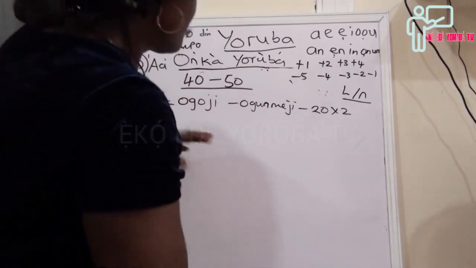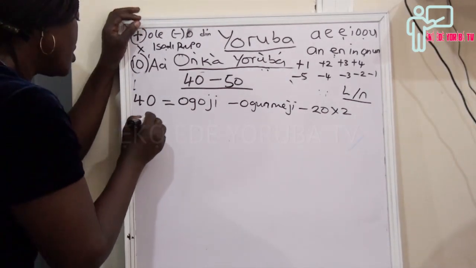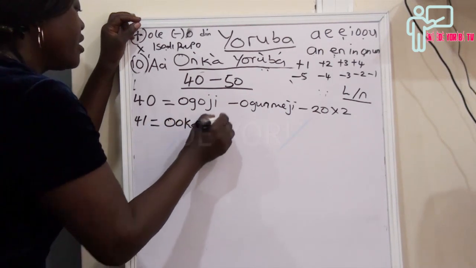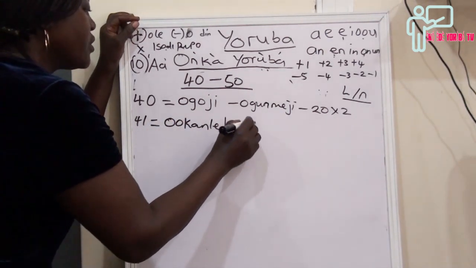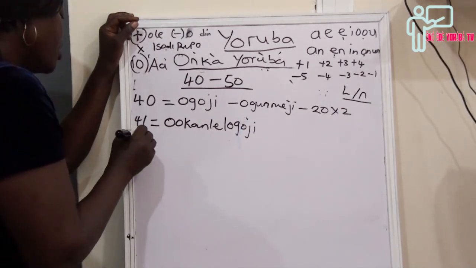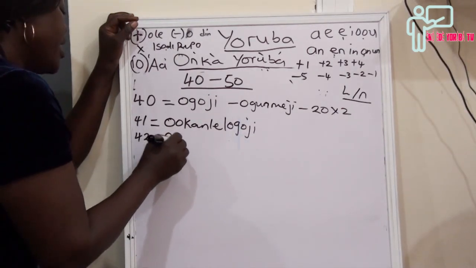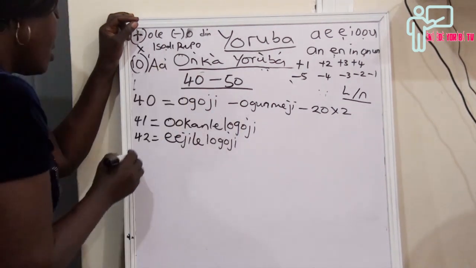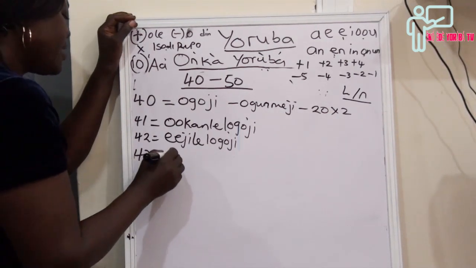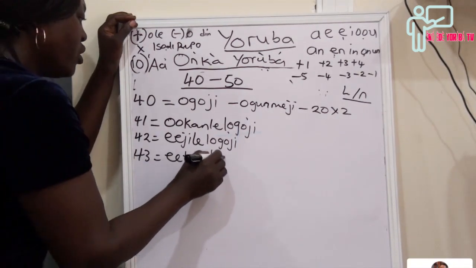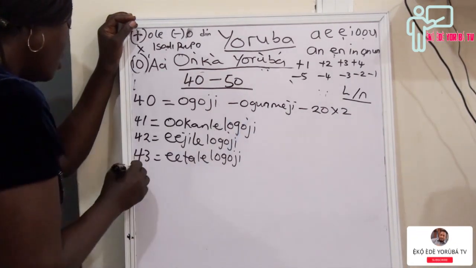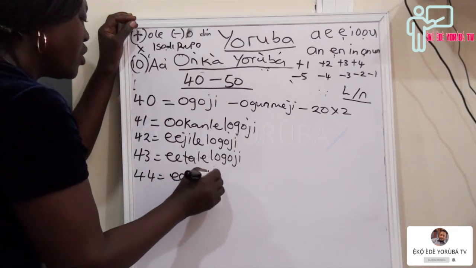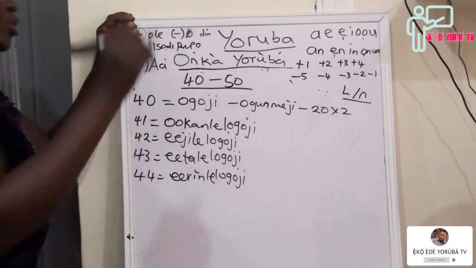So I will just write it briefly. 41 will be ọ̀kànlélógójì, like the one we have been written. 42 will be èjìlélógójì. 43 will be ẹ̀tàlélógójì. 44 will be ẹ̀rìnlélógójì.